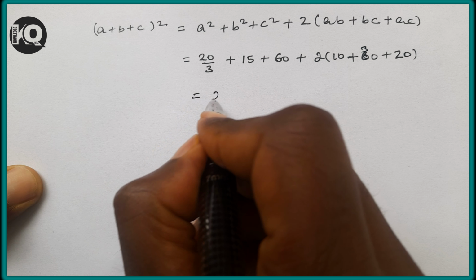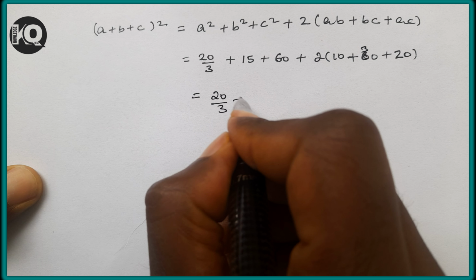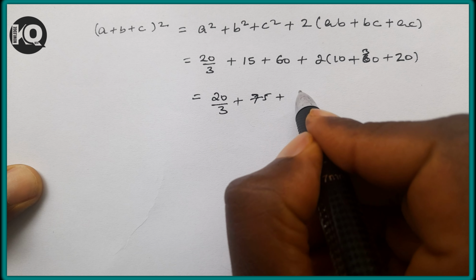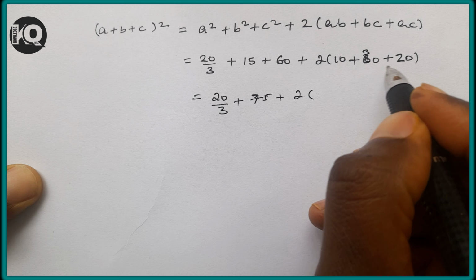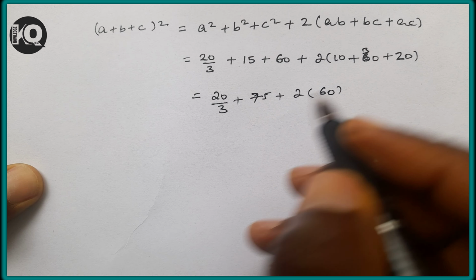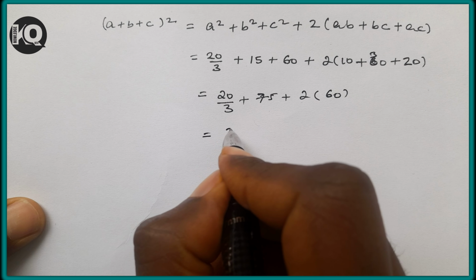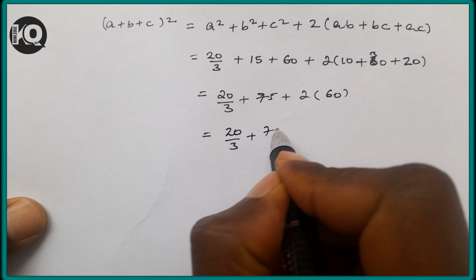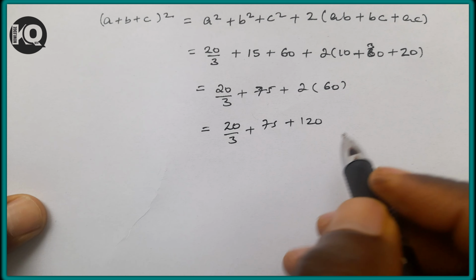So it will be 20 over 3 plus 75 plus 2 times 60, which is 120.